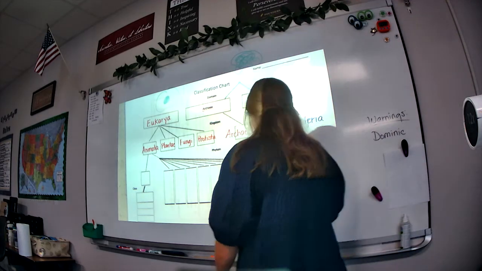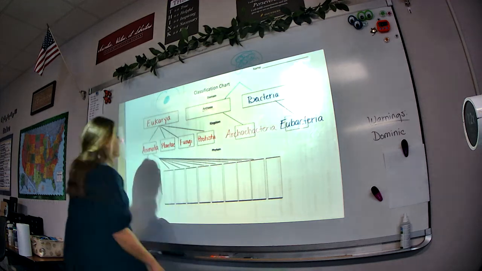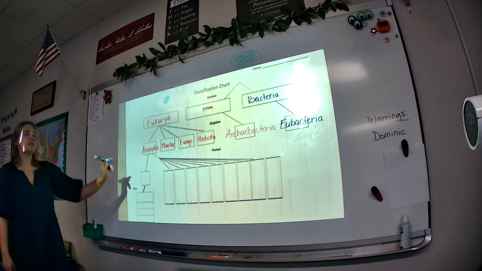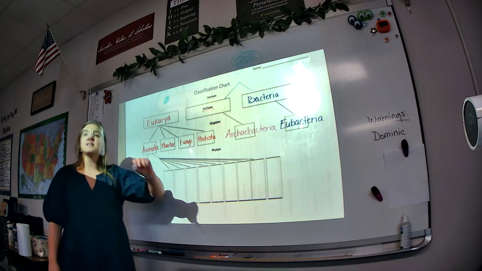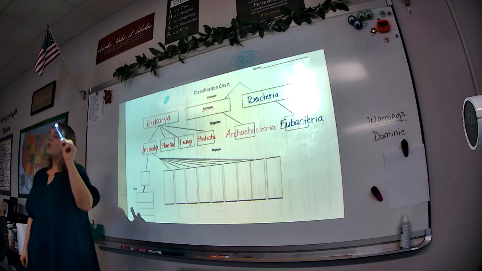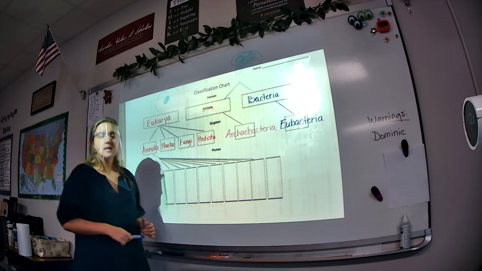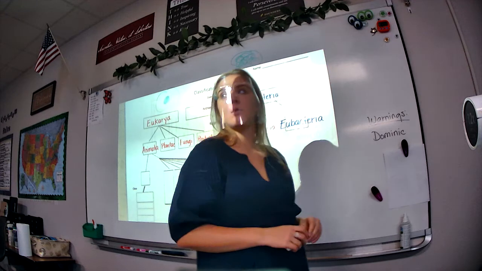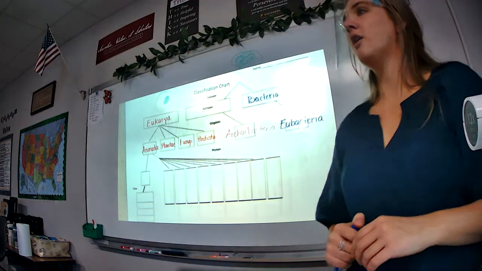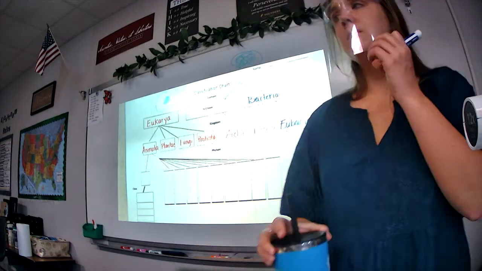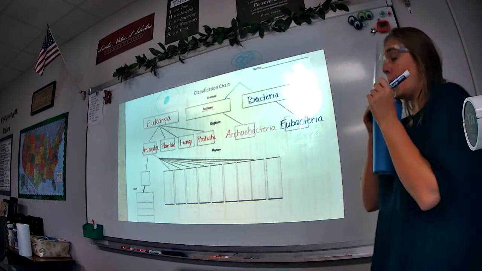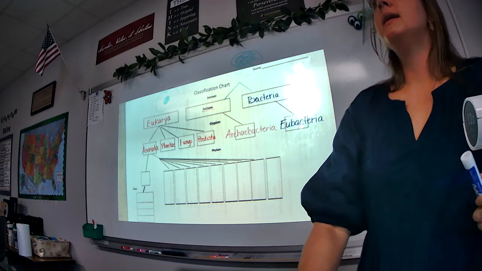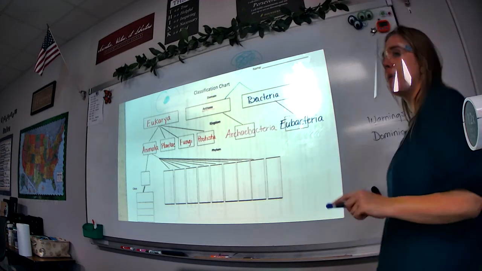Oh wow. Okay. First thing we're going to do is we're going to label each of these kingdoms as either multicellular or unicellular. What does unicellular mean? Reagan? Good. The entire organism is made completely of one cell.